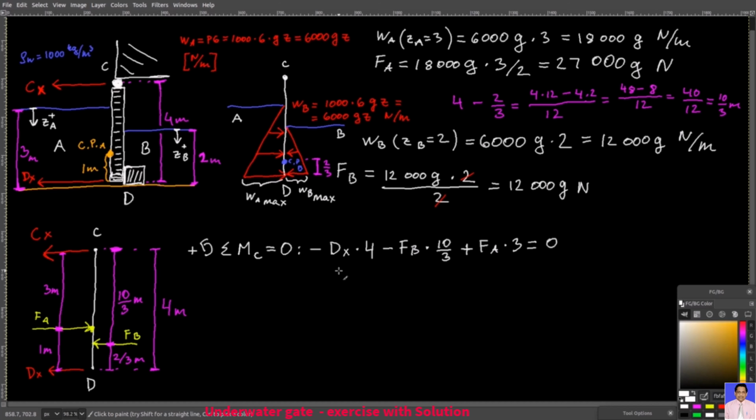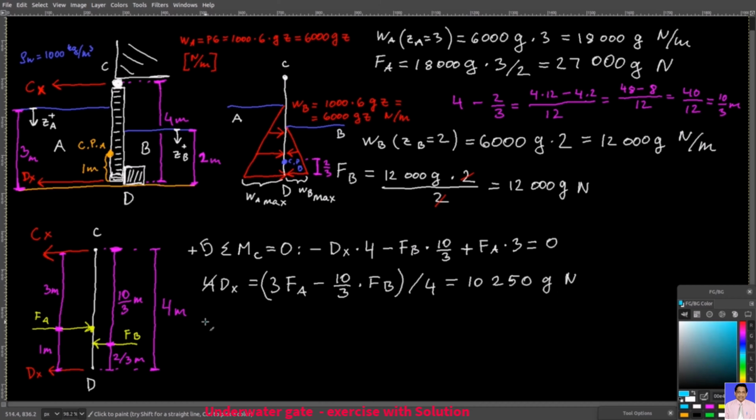So right away you can calculate your dx. So I'm going to have 4 times dx, 3 times FA, minus 10 over 3 times FB, and now all that I'm just going to divide by 4, and so I will get 10,250 G newtons.